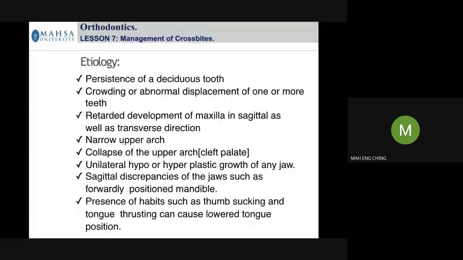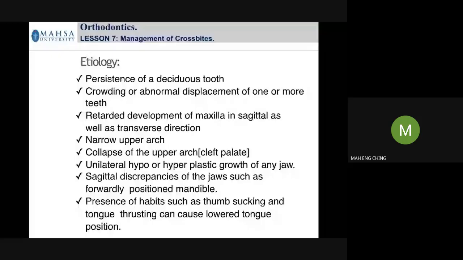Unilateral hypoplastic growth of any jaw. Sometimes one side of the jaw can grow more than the other side. For example, if your right side is growing more than the left side, then you'll see the patient has an asymmetrical jaw, which is shifted to the left side. So imagine now if you're free, you try to shift your jaw to the right side or left side.